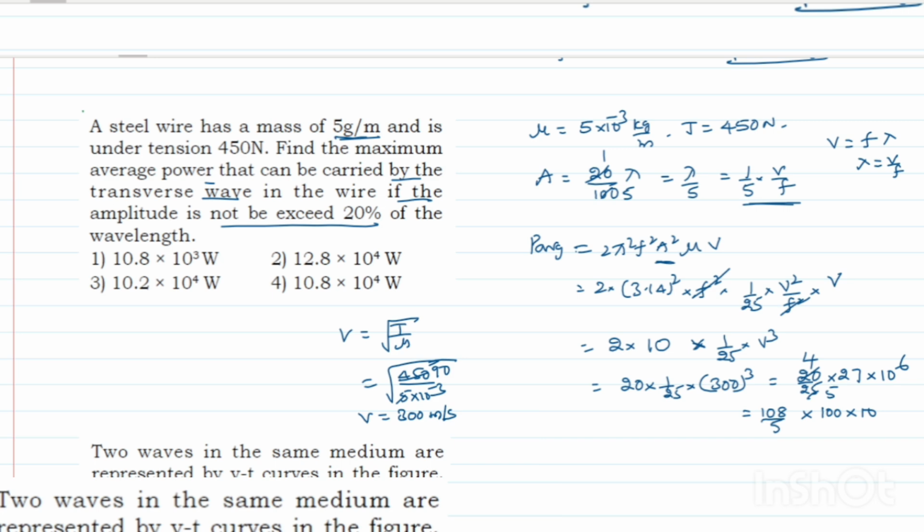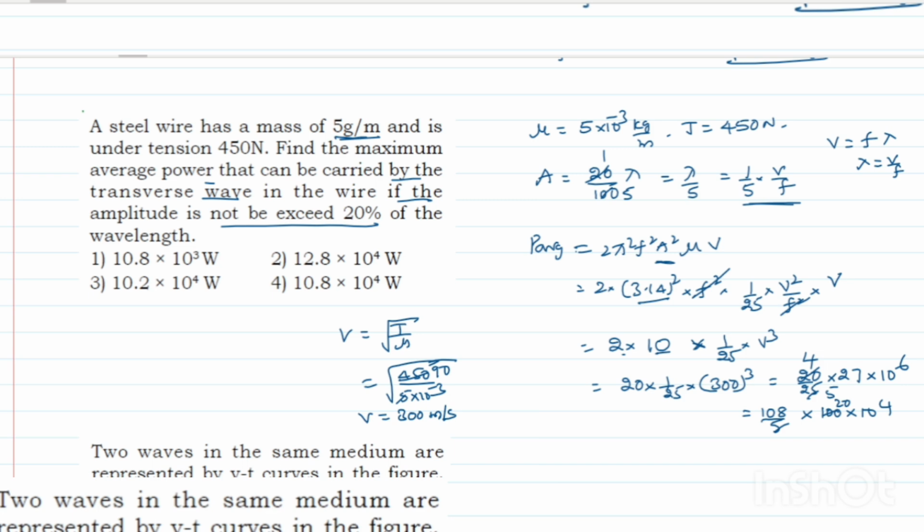Here 2 pi square f square a square, in the sense 1 by 25 into v square by f square into velocity, here we are getting v. So this is 2 into this value 10, and here it will be 1 by 25 into v square, in the sense v cube, and here one more 10 will be there, students. Here we forgot this 10 value.